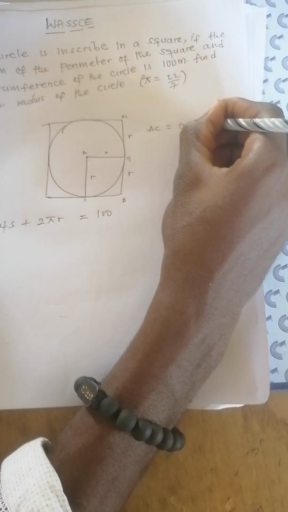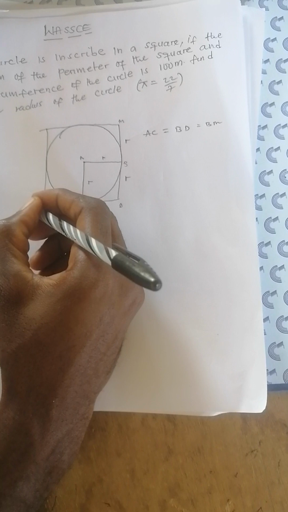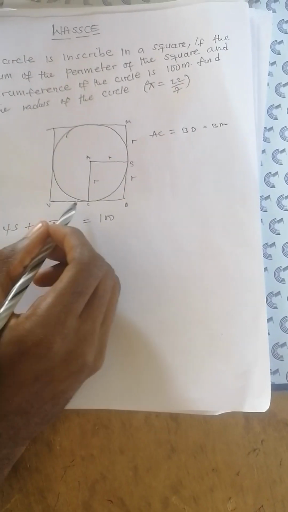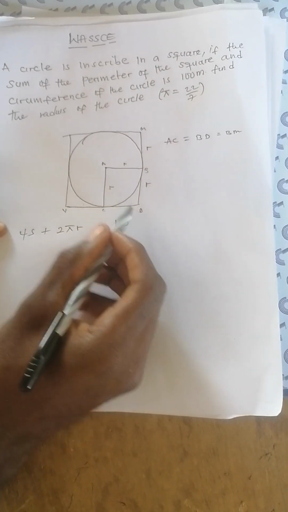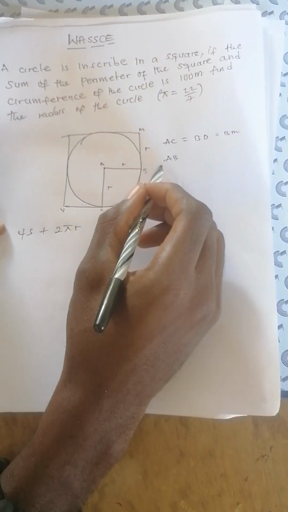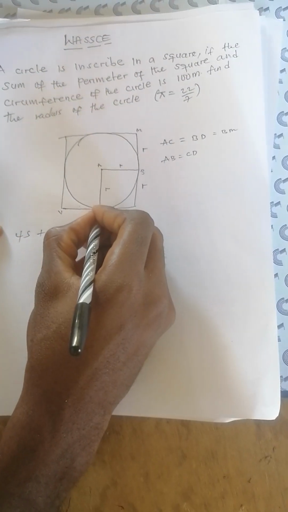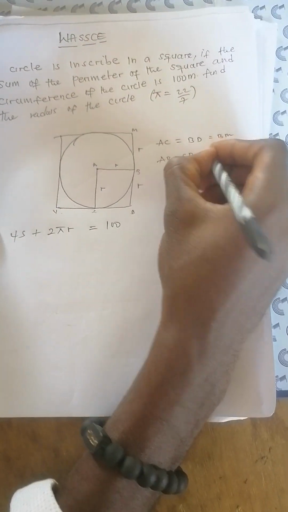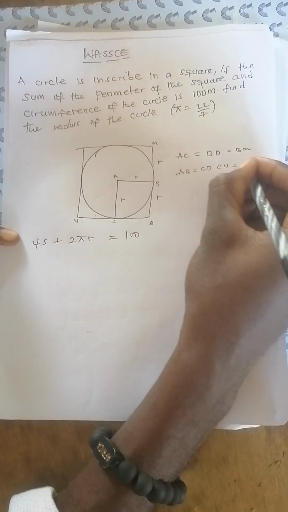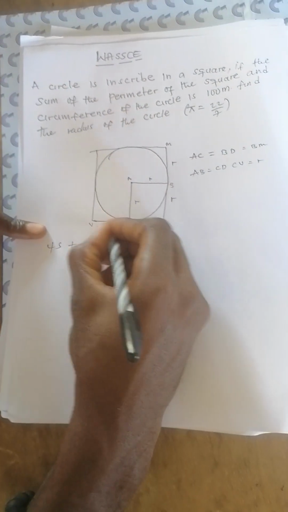If I call this point V as well, AB is equal to CD, which is equal to CV, and each of these is equal to a radius. So here is also a radius and here is a radius.